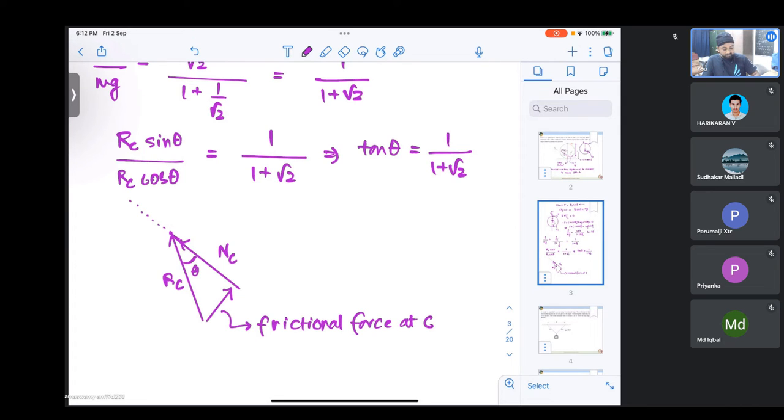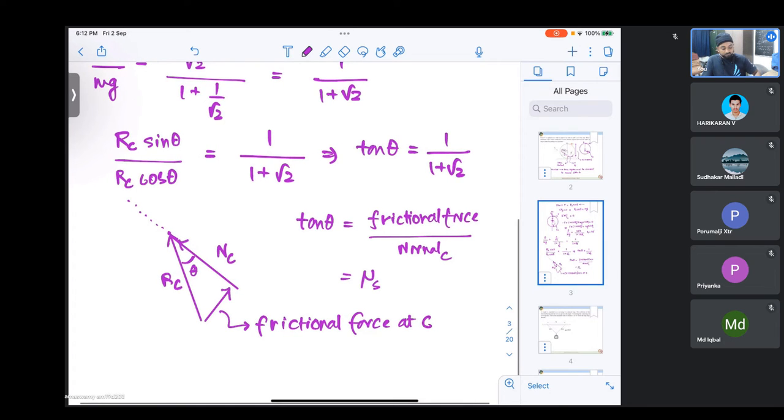So tan theta from this figure is frictional force divided by the normal at C. We know that frictional force divided by the normal in the limiting condition is nothing but our mu, coefficient of static friction. So directly we get that mu is nothing but tan theta.